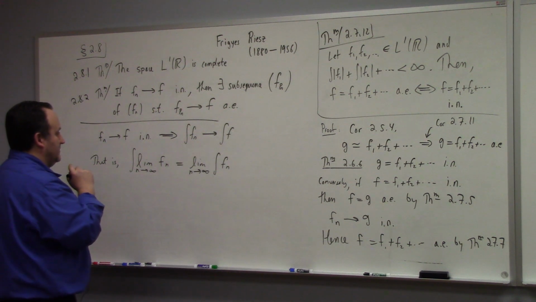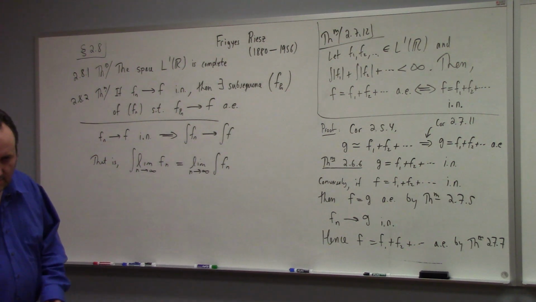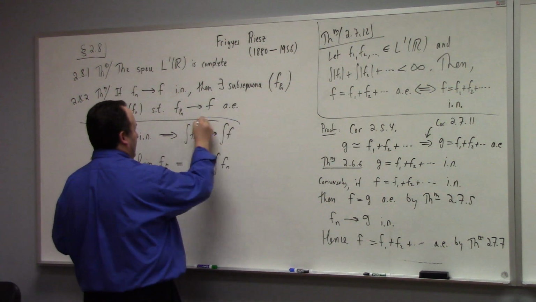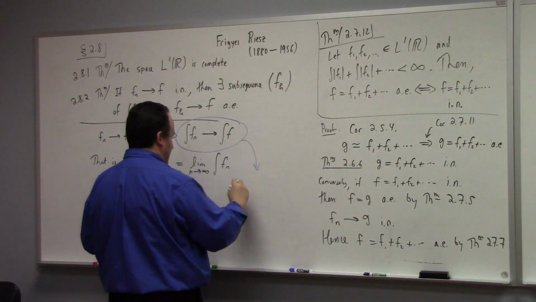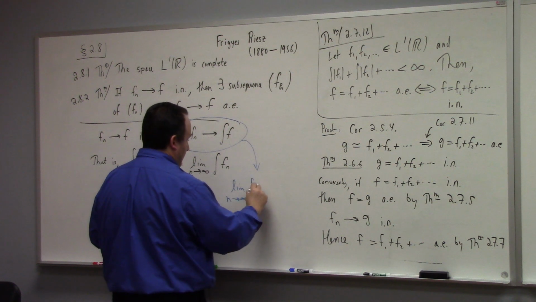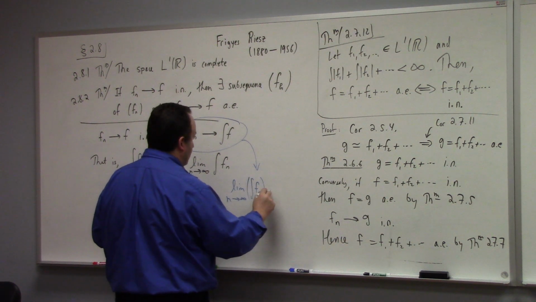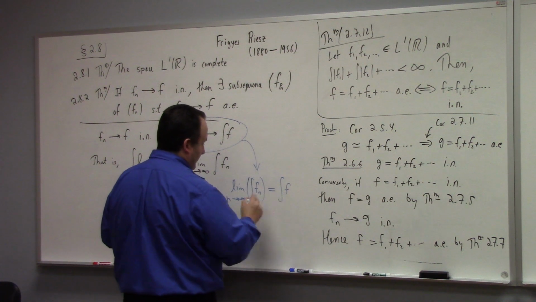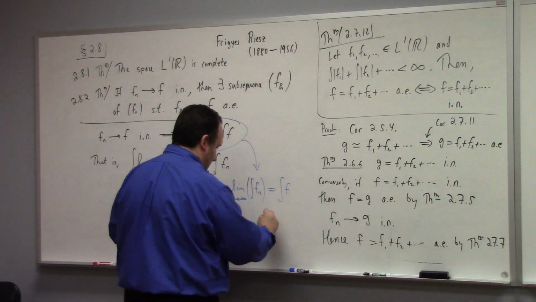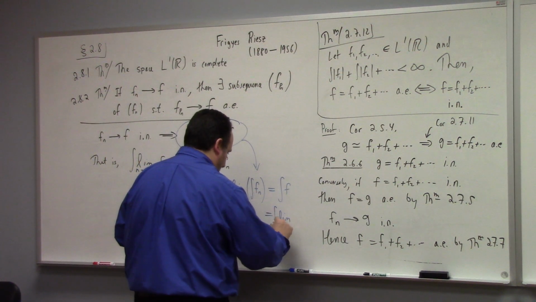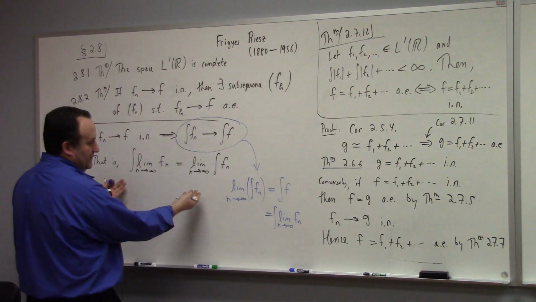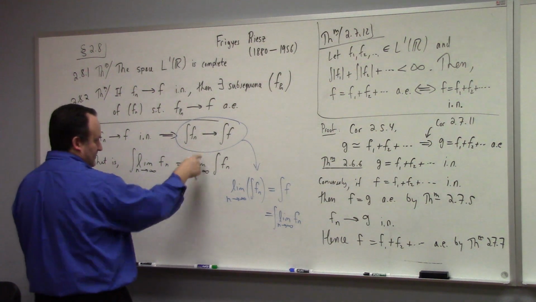So if I want to write this directly using limiting notation, it would look like this. The limit as n goes to infinity of the integral of fn is equal to the integral of f, right? Agree? Yeah. But f is itself the limit as n goes to infinity of fn. So I think that's why this is the same as that.